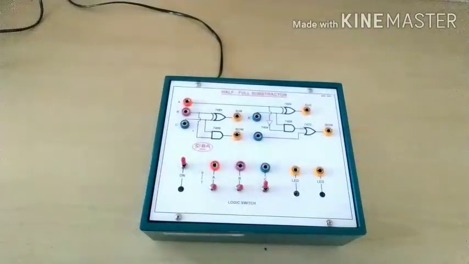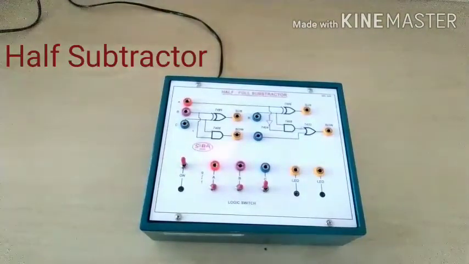So the equation for half subtractor is, for difference we will have A XOR B. So this is the symbol of XOR, and for borrow we will use A bar B. That means the AND operation will be used with inverting input of A and then B. So let me just tell you how we will connect the inputs in the given circuit.